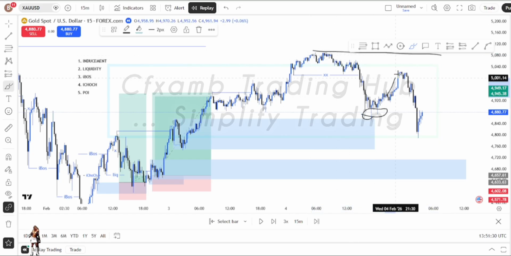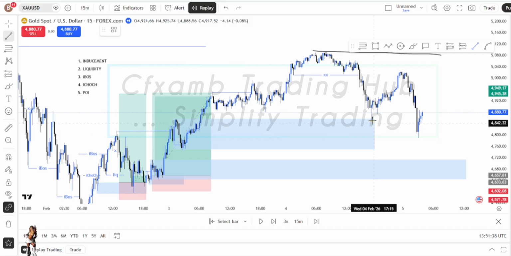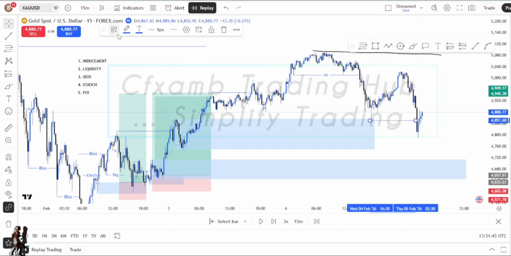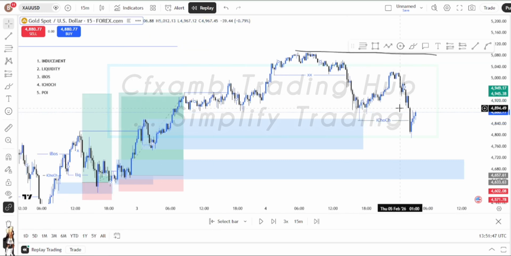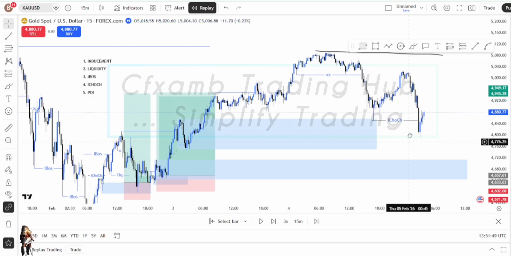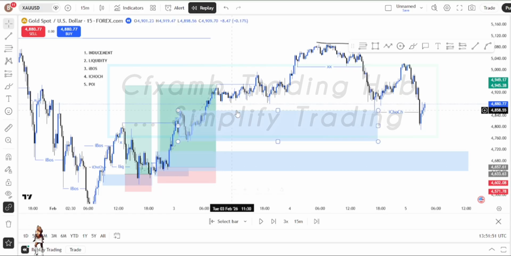But the market fails to get to that zone and comes down again. It closes below here, which becomes our internal change of character. This indicates that the market wants to come down to this zone here before going up. Let's see what will happen.